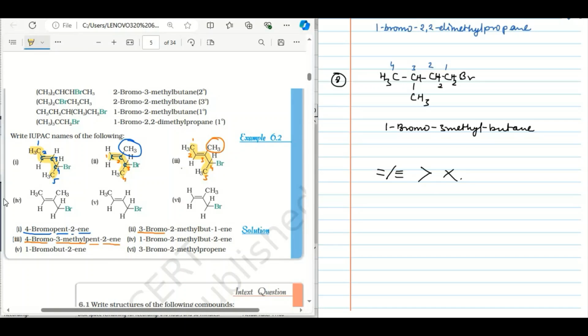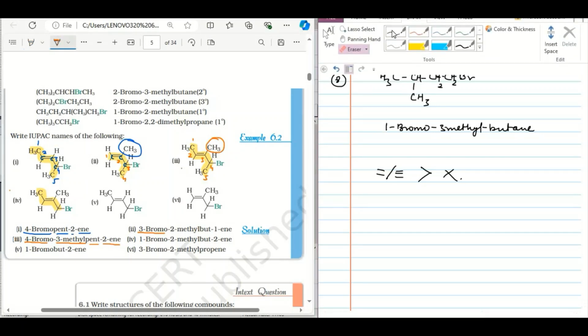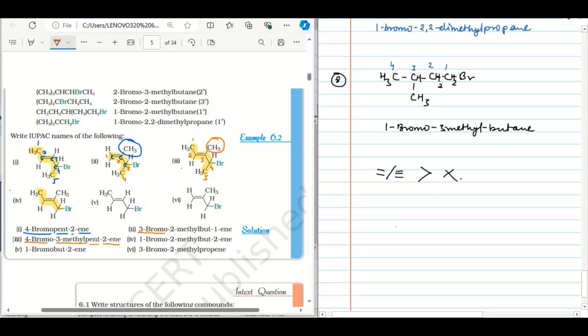Again, select the longest carbon chain that contains your double bond as well as bromine. So here you will get a 1, 2, 3 and 4 carbon long chain. Now we need to number the chain. So let's draw the structure here. It is CH3, H. Here is the double bond.